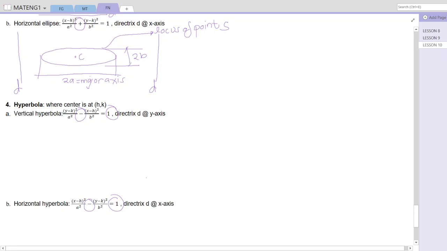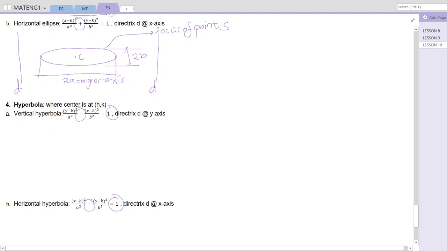For the vertical hyperbola, I'm going to draw two intersecting lines. If that is 2a, sorry, this should be longer, since that is the major axis. And for this one, that is 2b, so 2a is supposed to be longer.